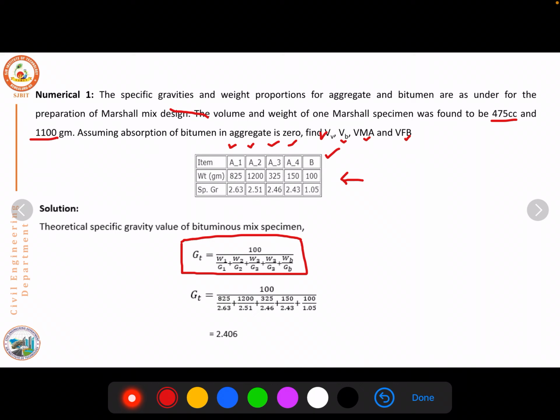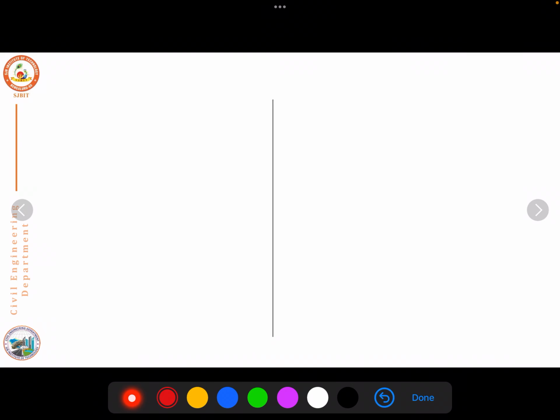We need to determine separately the specific gravity of the different aggregates as well as the bitumen. Substitute the values and we can estimate GT, and for the given specimen we have got the theoretical specific gravity as 2.406.